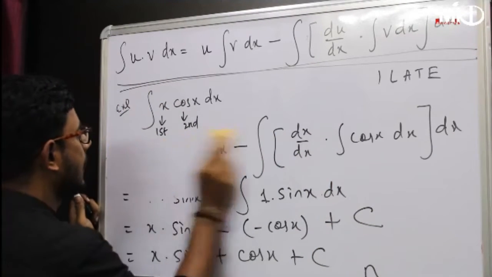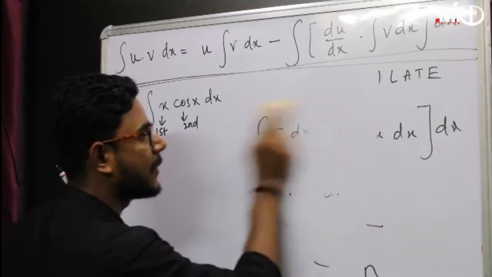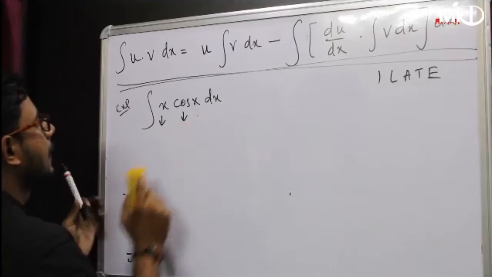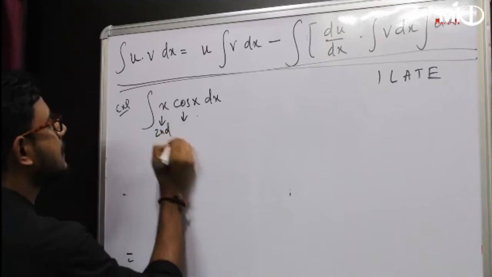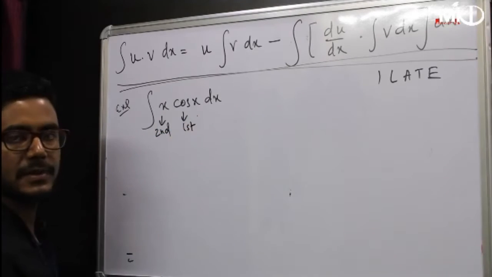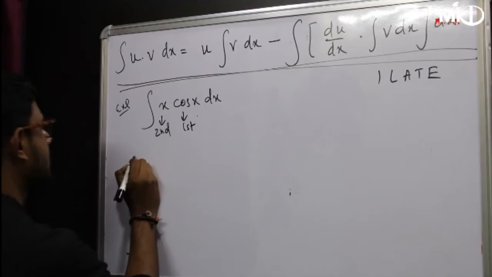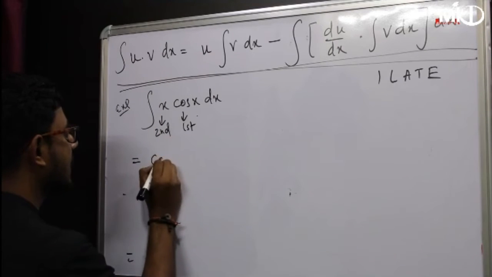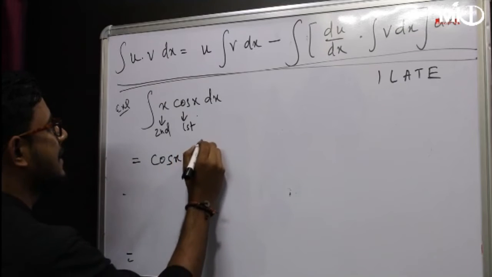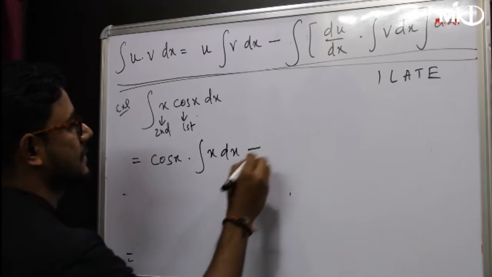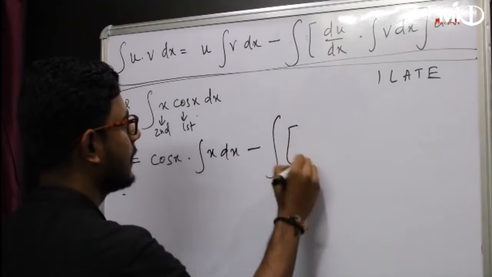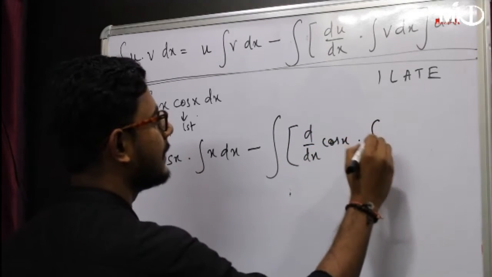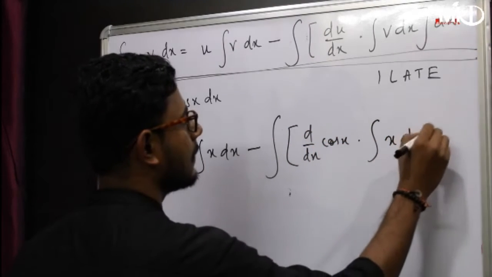Here again we solve this one, but by taking x as the second function and cos x as the first function. Then by integration by parts, the formula will be first function into integration of second, minus whole integration of derivative of first function into integration of second.